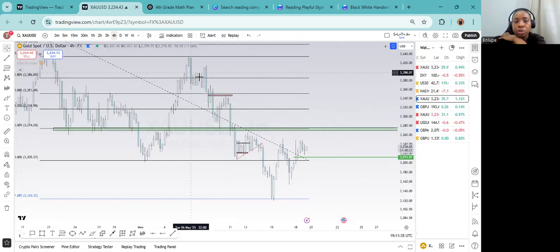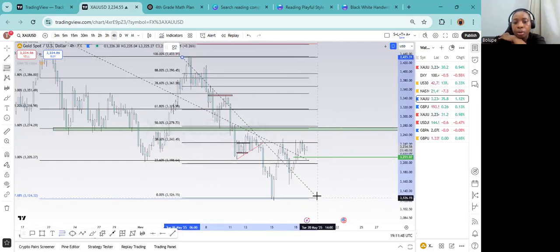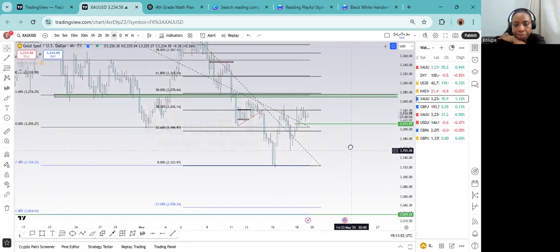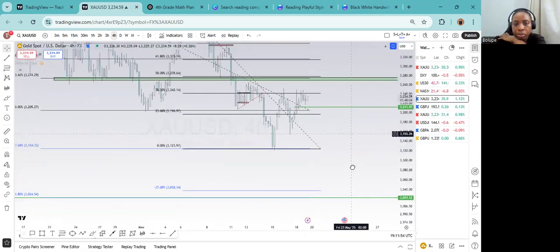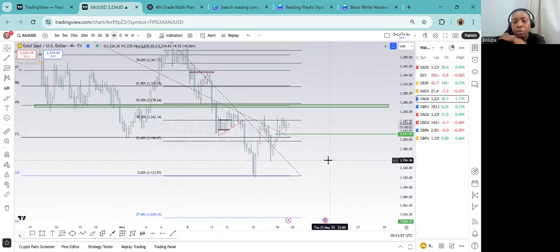I can draw another fib. We are currently at point C of a major structure, so possibly we can draw this shape right here to see ultimately where price is going, but we can potentially push up.